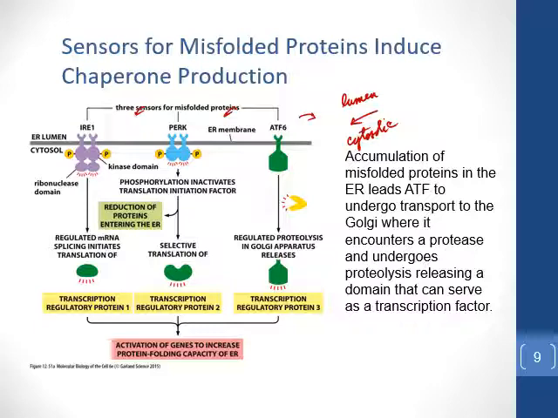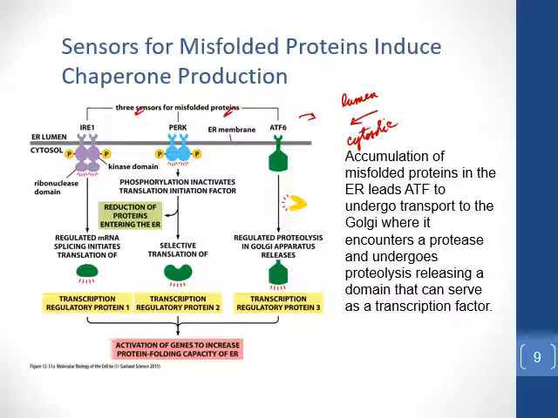Now, let's say that you have exposed hydrophobic amino acids. In other words, we don't have proper folding of a protein, and the sensor for ATF6 recognizes that. In other words, that sensor is going to have a high affinity. What's going to happen then is ATF6 is going to be incorporated into a vesicle that goes to the Golgi apparatus.